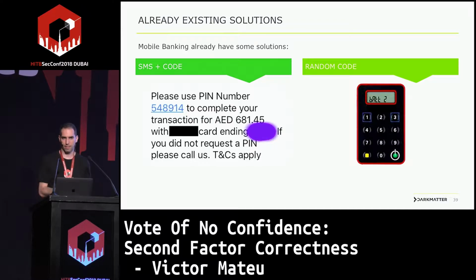But if I am the attacker and I have changed the petition, and instead of paying, I don't know, 100,000 dirhams to some of your friends, I just decided to send this amount of money to a different bank account, would the fact that you put a code that was for your security and only you were able to know change the attack for me? No, you would already give me the code because you will think that you are doing the proper operation.